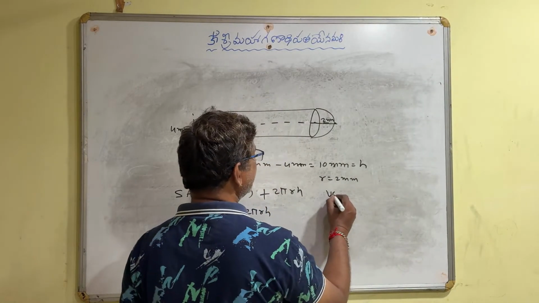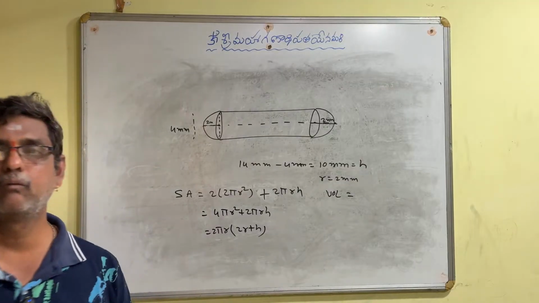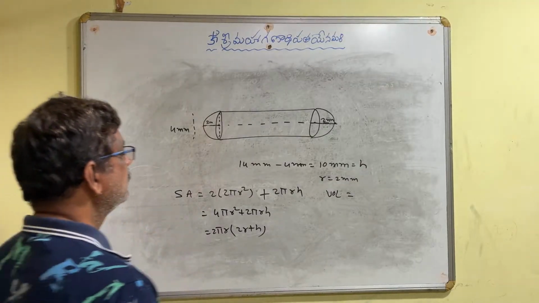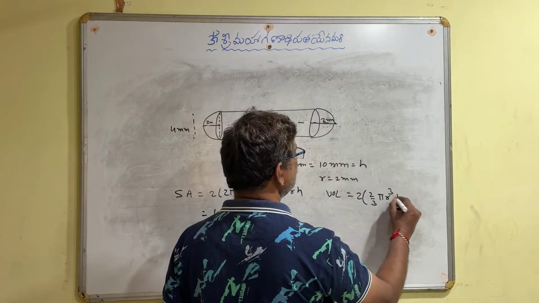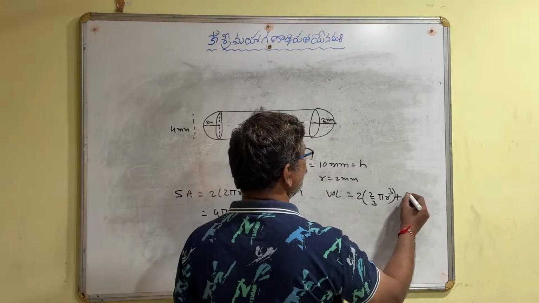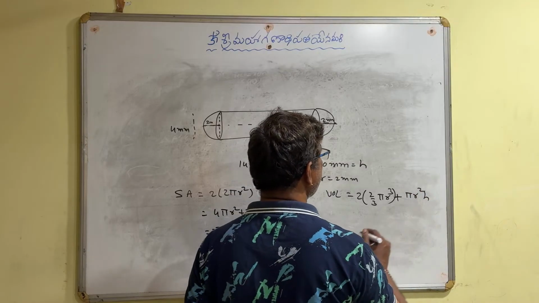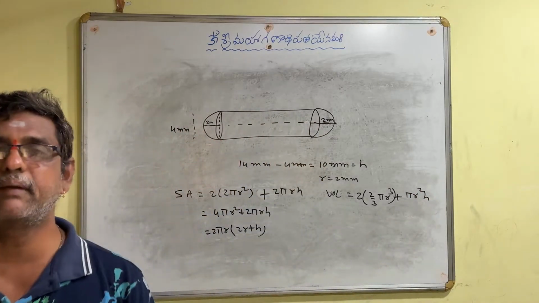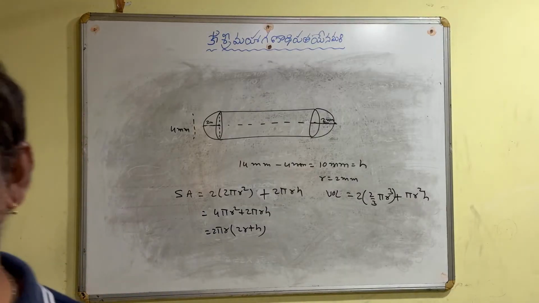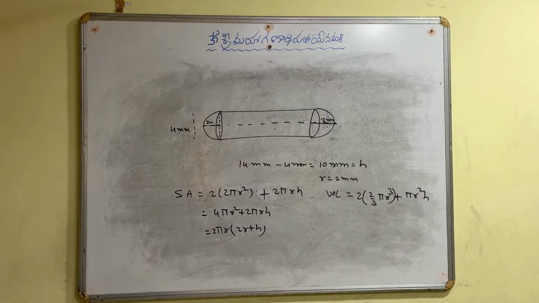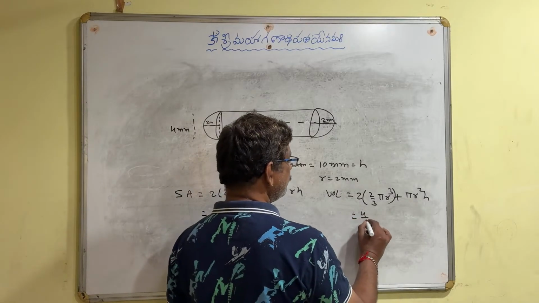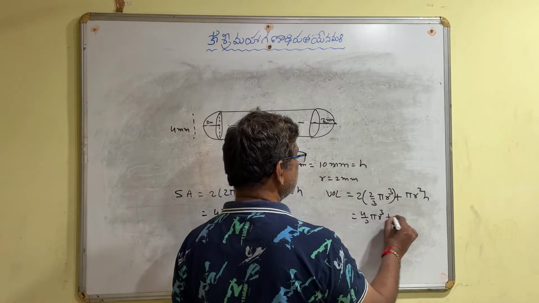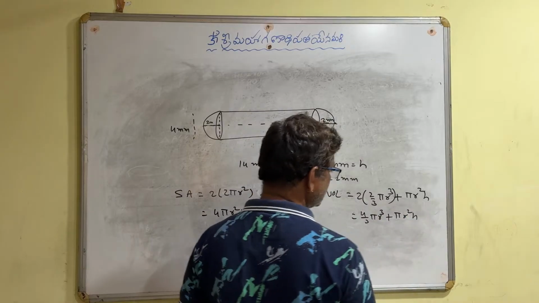Now, volume of the capsule. Volume of 2 hemispheres plus volume of cylinder is nothing but volume of the capsule. So here what you will get? 4 by 3 pi r cube plus pi r square h.